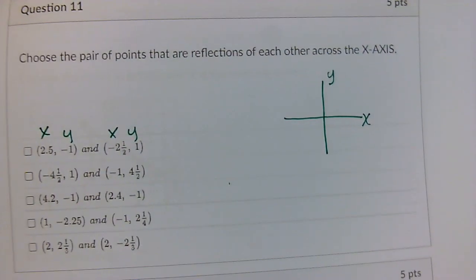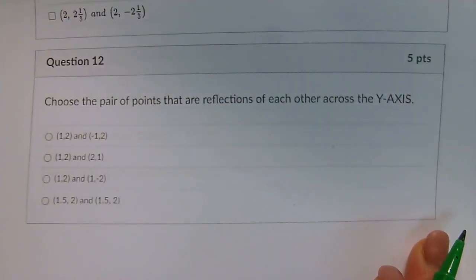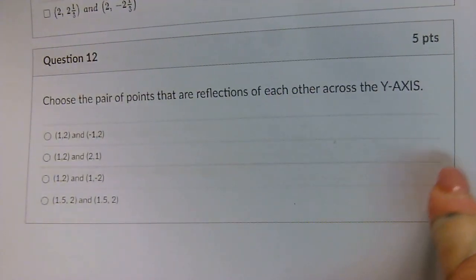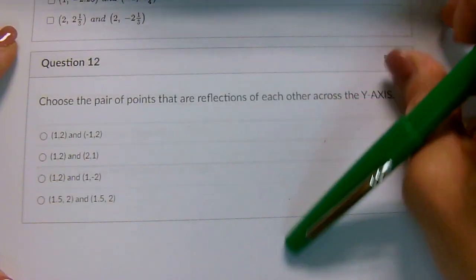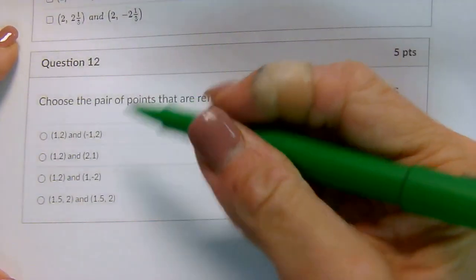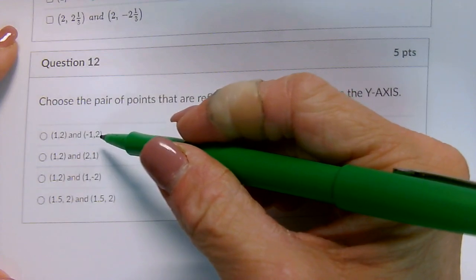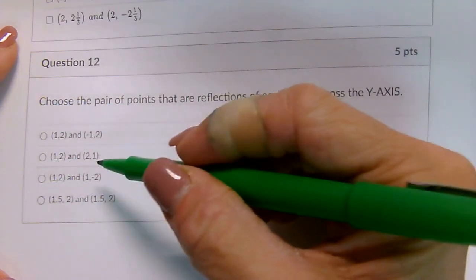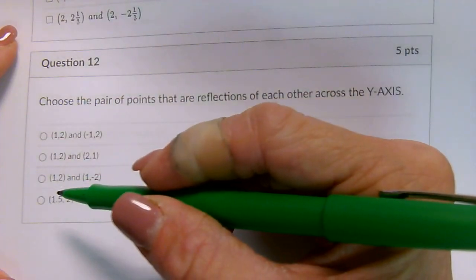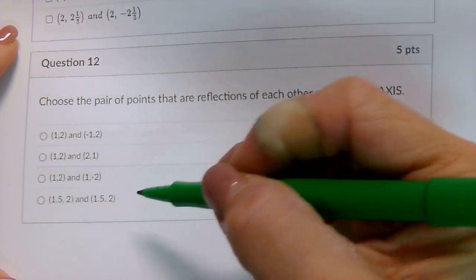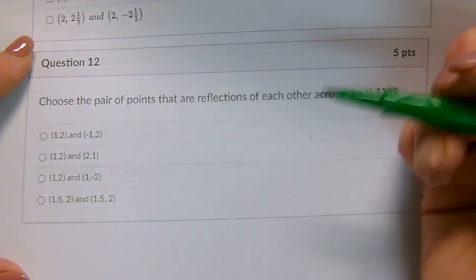Moving on. Choose the pair of points that are reflections of each other across the y-axis. On this one, you have (1, 2) and (-1, 2). You have (1, 2) and (2, 1). You have (1, 2) and (1, -2), and you have (1.5, 2) and (1.5, 2).